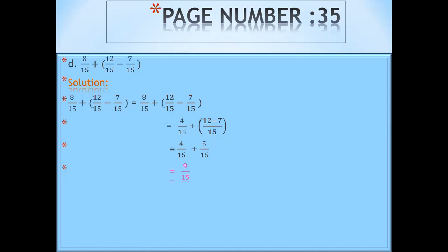Now we have the fraction 4 over 15 plus 5 over 15. Add 4 and 5 because denominators are same. 4 plus 5 is 9. 9 over 15 is the required answer.